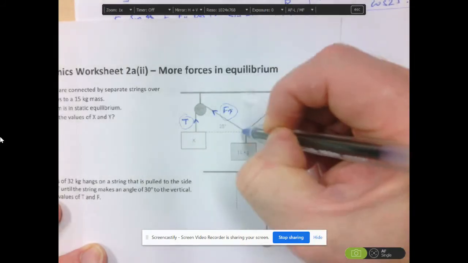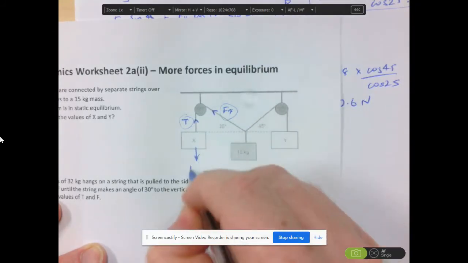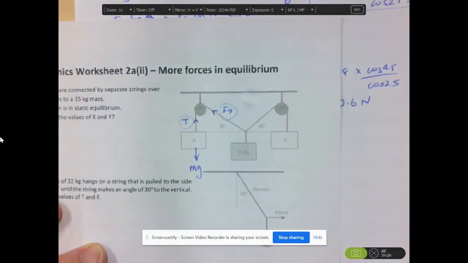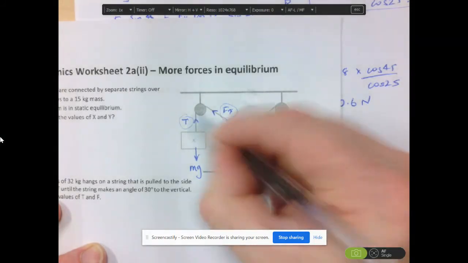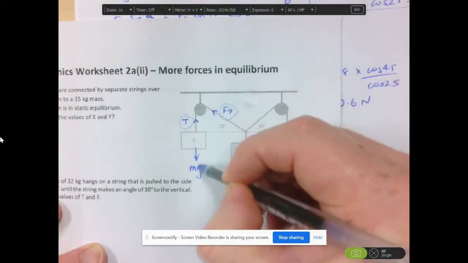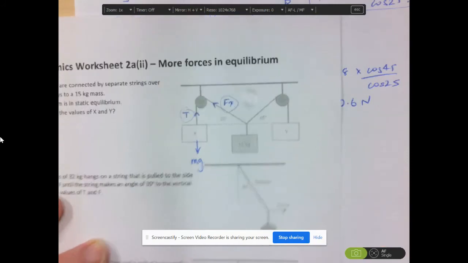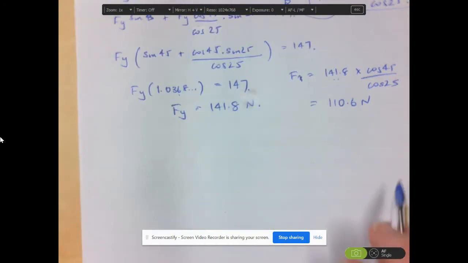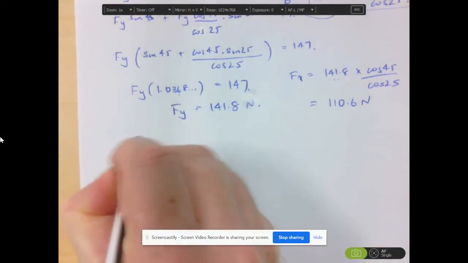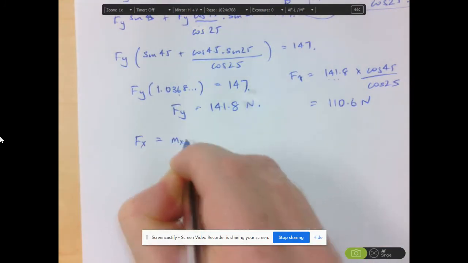So the force that is being pulled up here is the same as the gravitational force down here for X. So all this tensional force here and this force here, because they are equal and opposite, is equal to the mass times the gravitational acceleration of X. So looking at X, Fx would equal the mass of X times g.